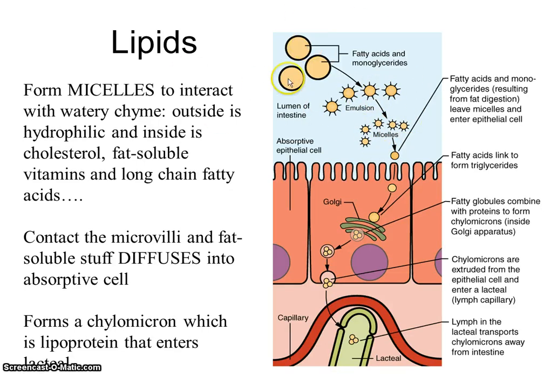These micelles contact the microvilli, and the fat-soluble stuff simply diffuses, simple diffusion, into the absorptive cell. Inside the absorptive cell, it forms a structure called a chylomicron. And this is the first lipoprotein that we form. And that then will enter into the lacteal because it's too big for the capillary.